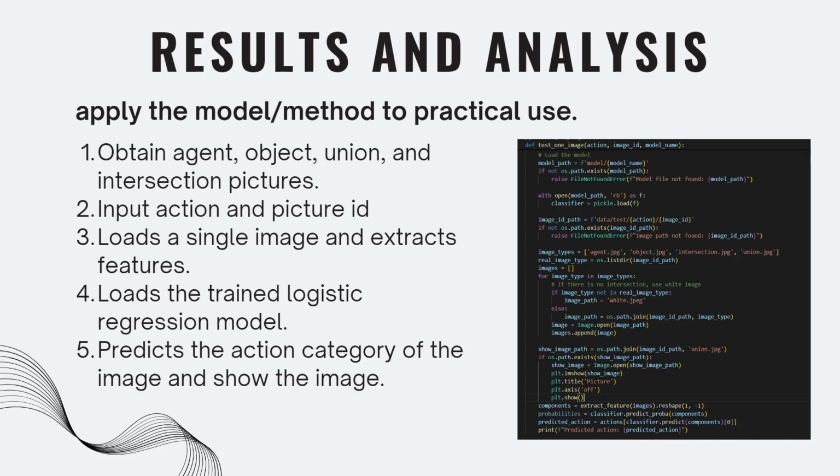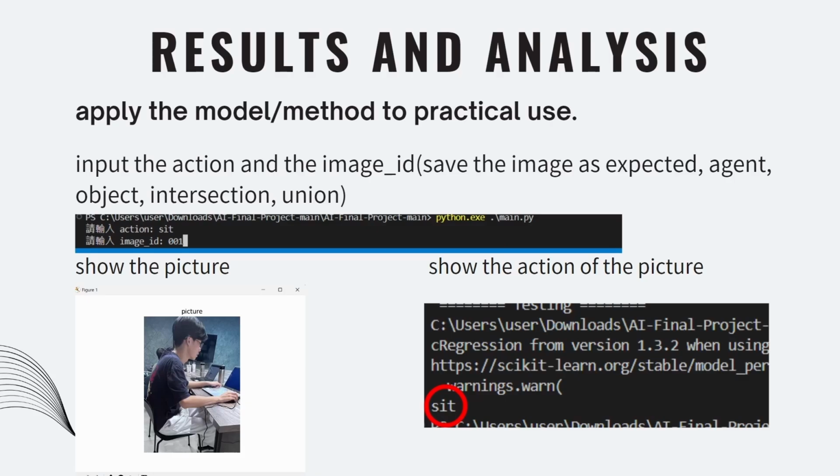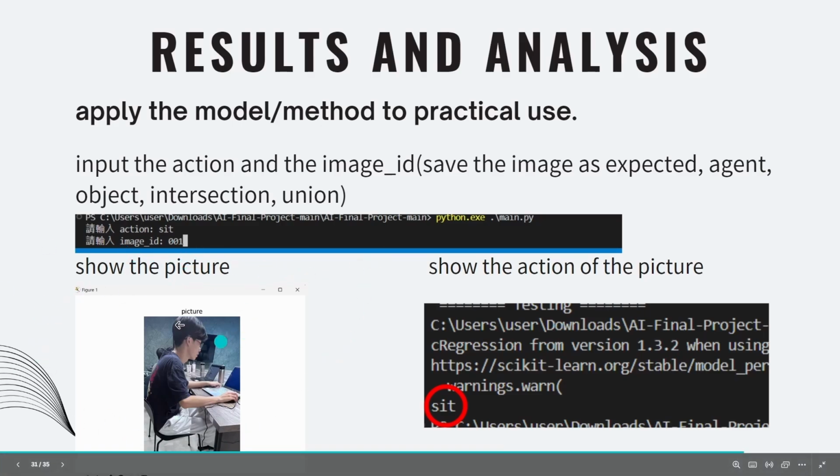The model can predict the action category and show all the images. Here's an example. We input the action sit and the image ID 001, and it will show the pictures and the action it predicts.